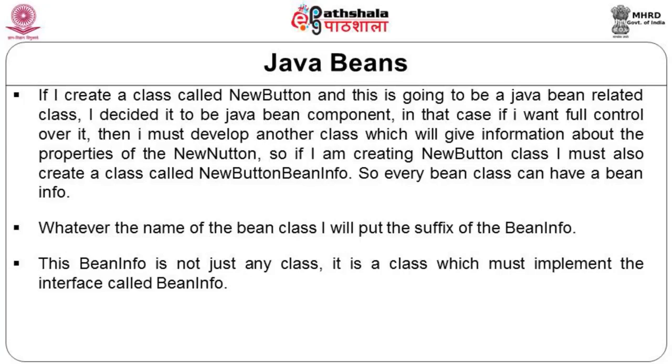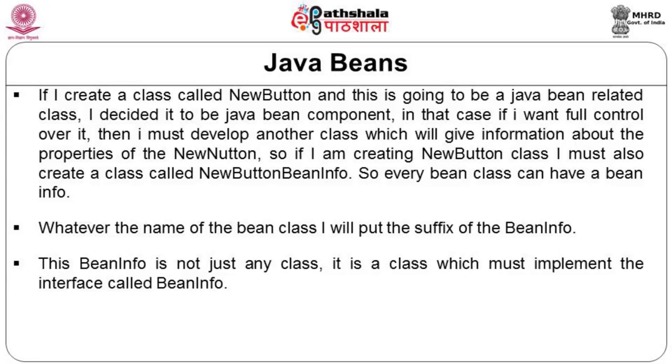So, if I am creating the new button class, I must also create a class called new button bean info. Every bean class can have a bean info; it is not a must. The convention is clear: whatever is the name of the bean class, put a suffix of bean info, and that should be the class used as the bean info.